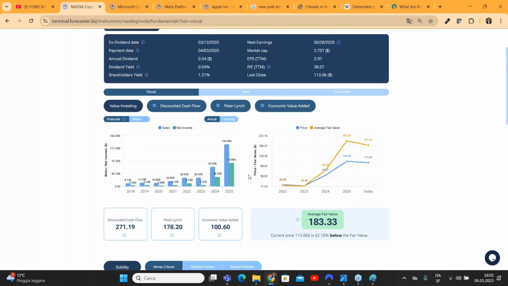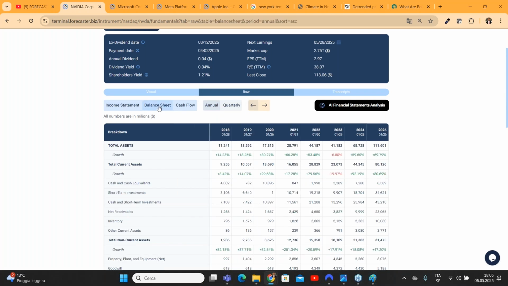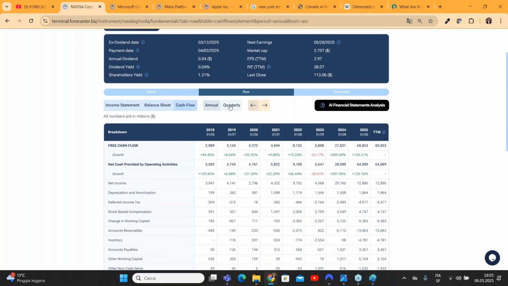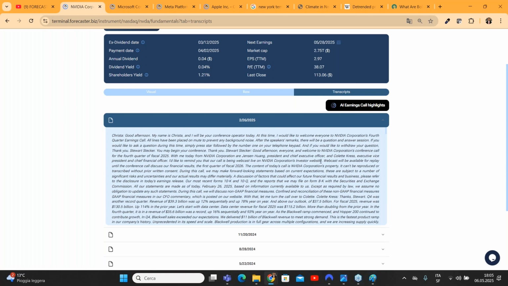Okay, we can find the raw layer where we have all the numbers for the income statement, the balance sheet, the cash flow, both annually and quarterly. Okay, and we have the transcription. The transcription: every 3 months when the company releases its results, the management comments on the results, and here you have all the transcriptions for every quarter.